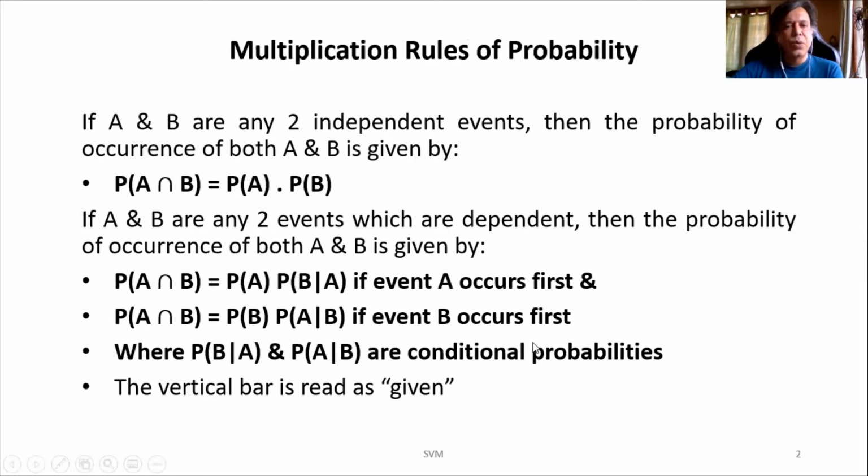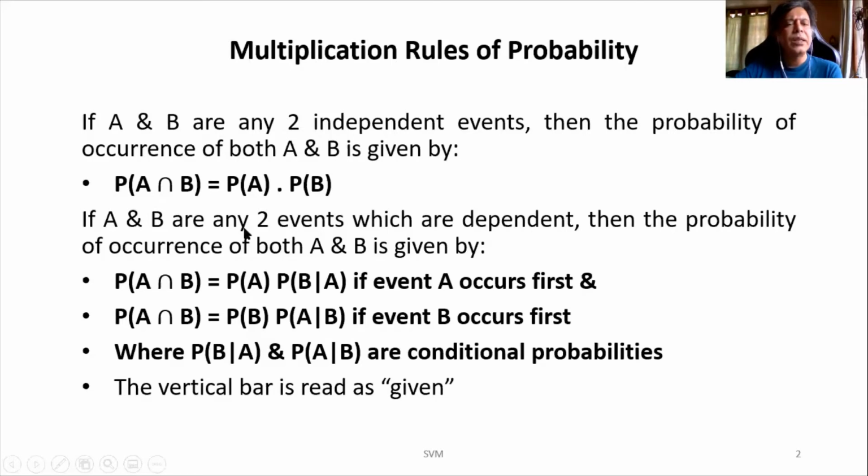Next, multiplication rules of probability. If A and B are any two independent events, then the probability of occurrence of both A and B is given by probability of A intersection B is equal to probability of A multiplied by probability of B. Because these two events are independent, directly we can multiply.